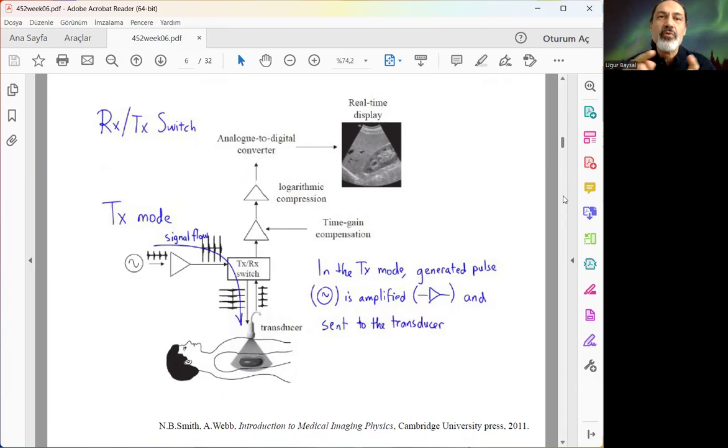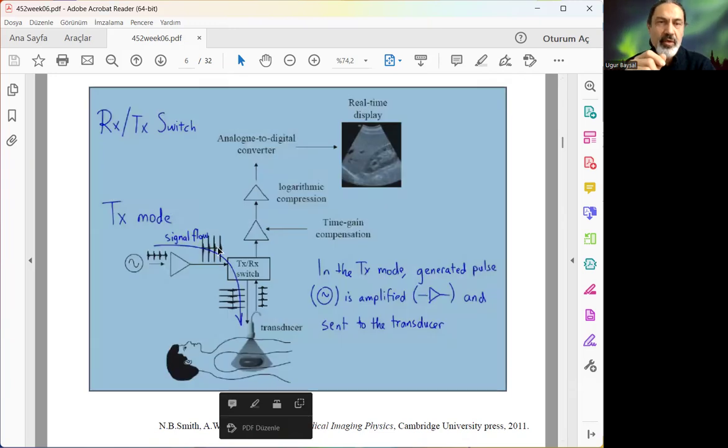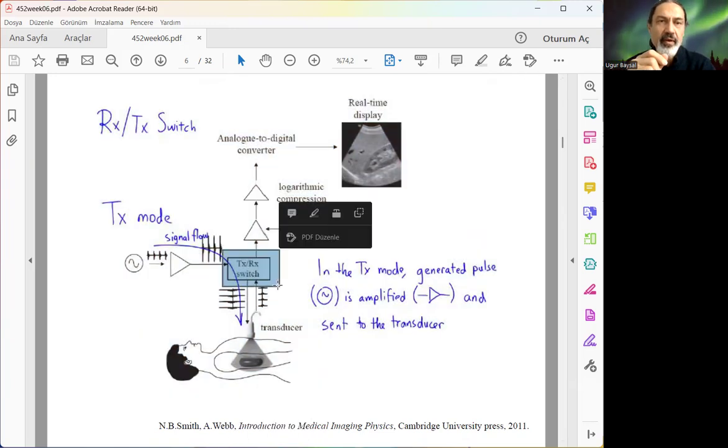So there's a kind of multiplexing. Multiplexing is done here, shown with a rectangular box. Okay, maybe I can highlight it.